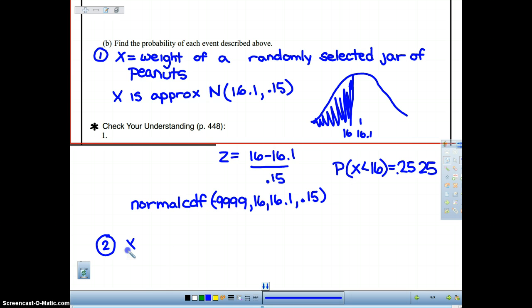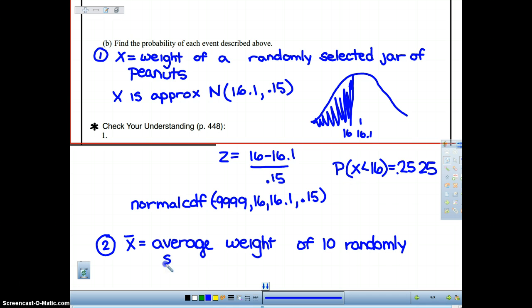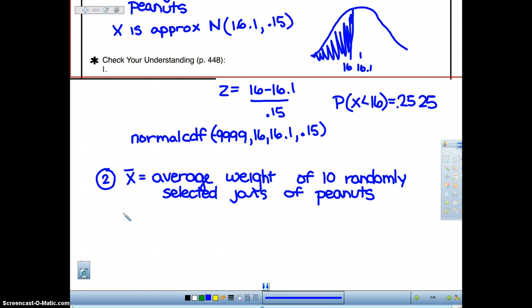Because let's let x bar be the average weight of 10 randomly selected jars of peanuts, then that means that my population here would be all of the averages of all the different combinations of 10 randomly selected jars. Well, that's a sampling distribution.